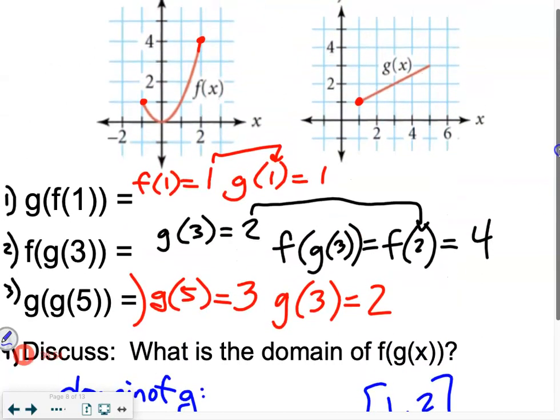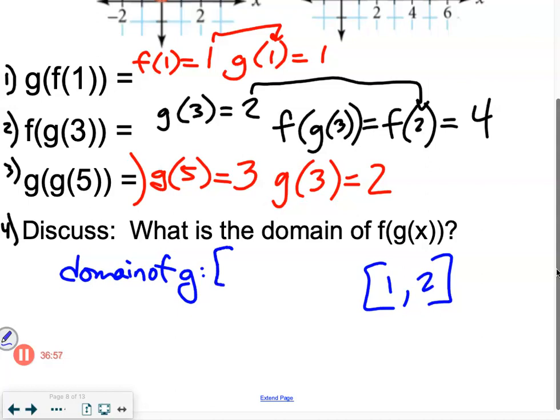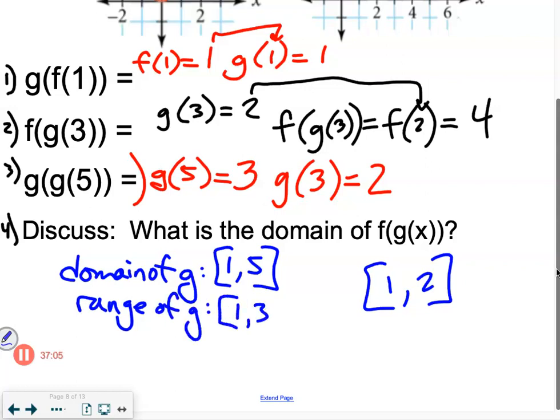So domain of g was 1 to 5. The range of g was 1 to 3. This is what you're plugging into f. Are the numbers 1 to 3?